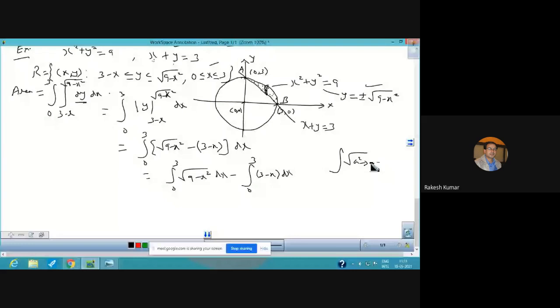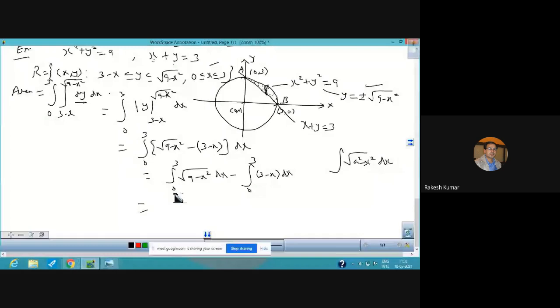That is 3 square. So a is 3, and you will have the formula x over 2 square root a square minus x square, so 9 minus x square, plus a square over 2, that is 9 over 2 sine inverse x over 3.